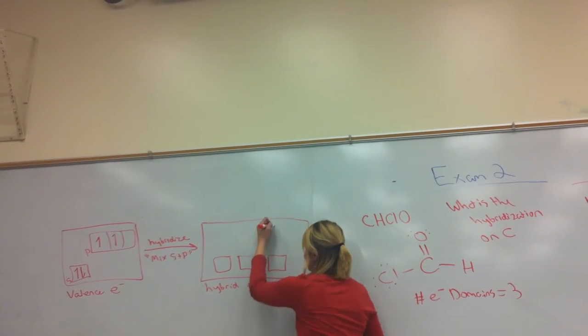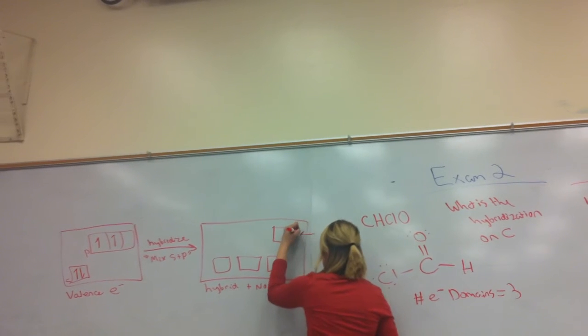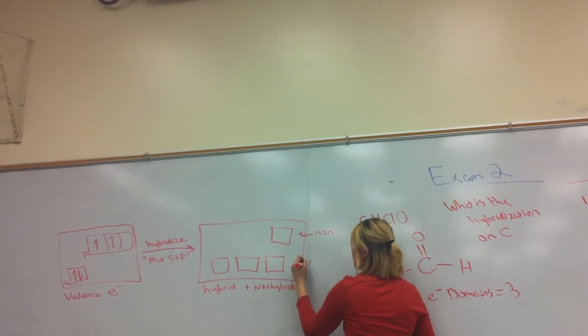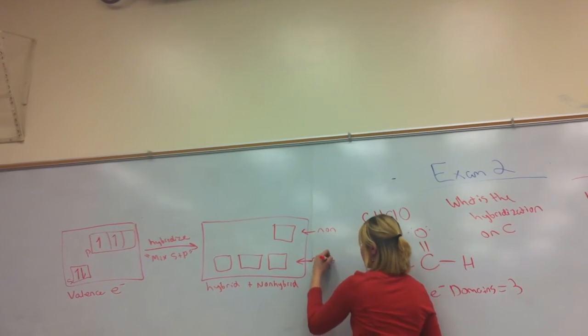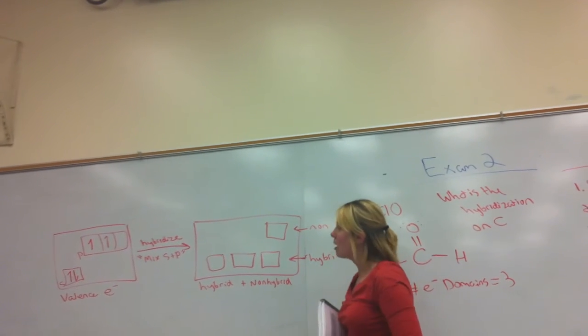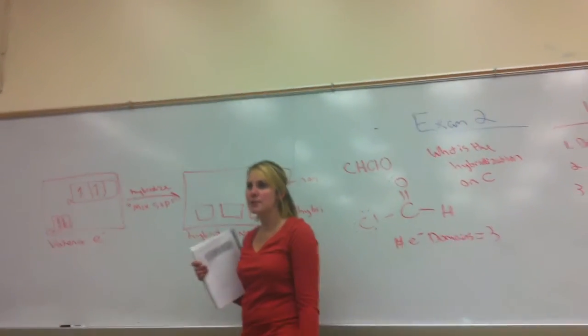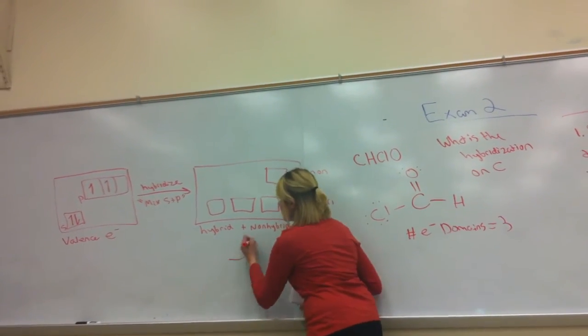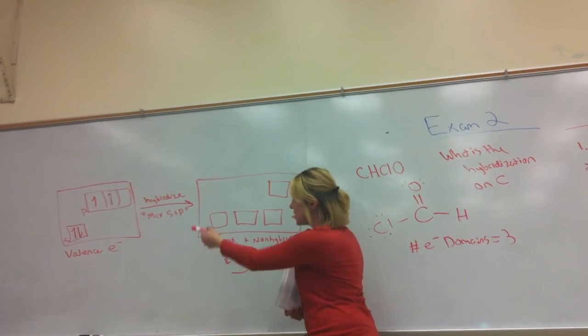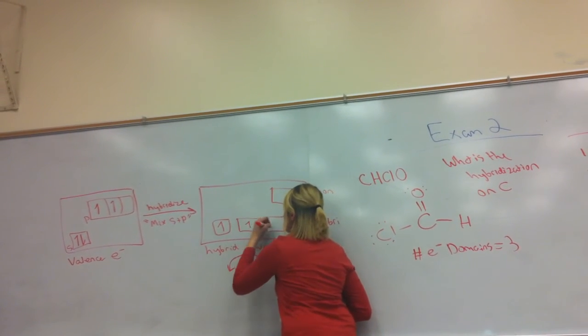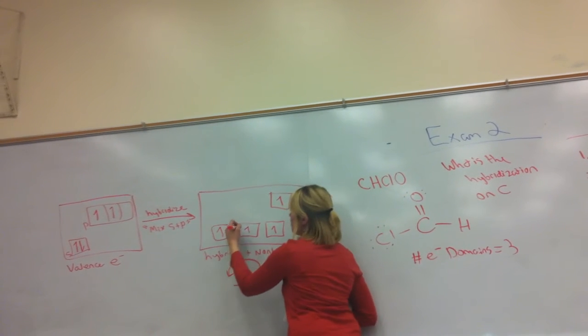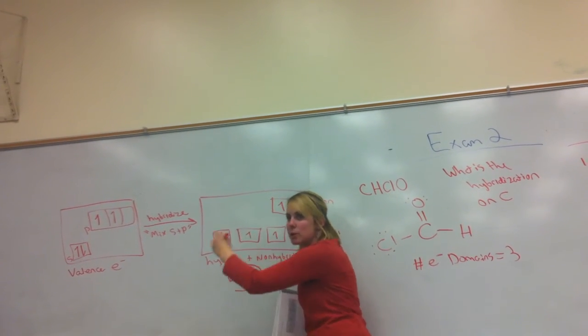Where does that go? Non-hybrids, right? These are my non-hybrids. These are my hybrids. How do I fill my electrons in these boxes? Counterclockwise, starting at the bottom left. I have 4, so I just go 1, 2, 3, 4, and so on. Just keep going around in a circle.